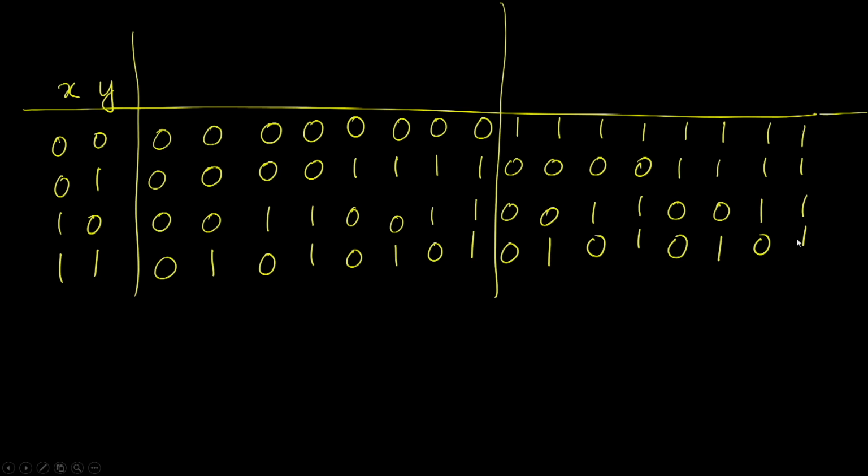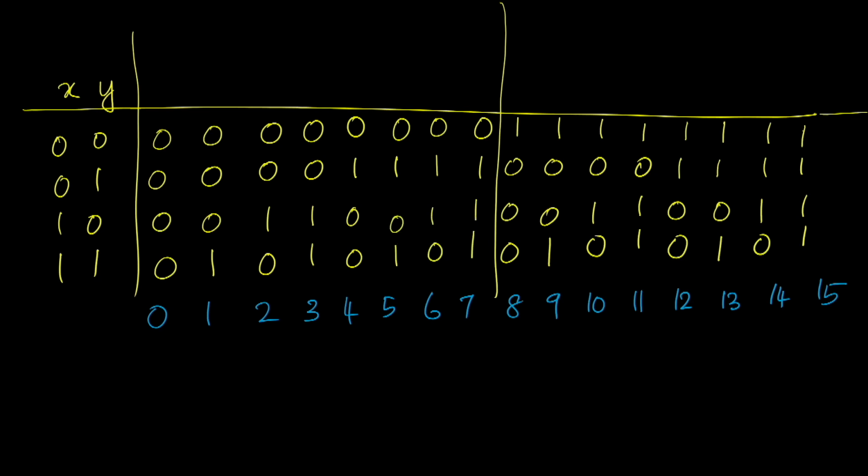So those are the 16 possibilities. So let me number the columns in this fashion, starting from 0 and going up to 15. There are 16 such columns.